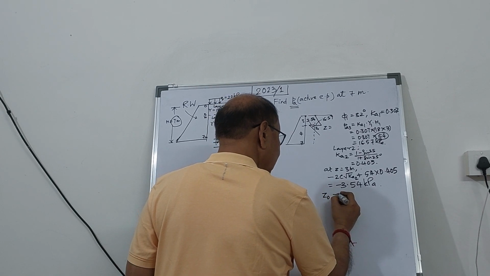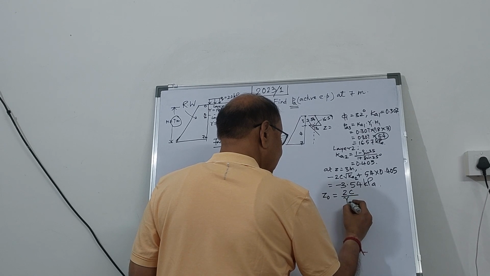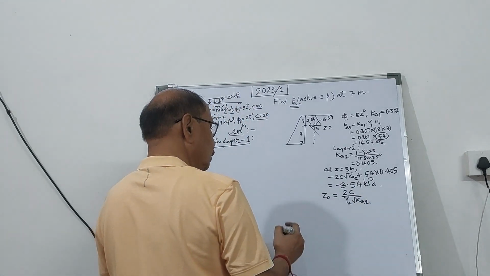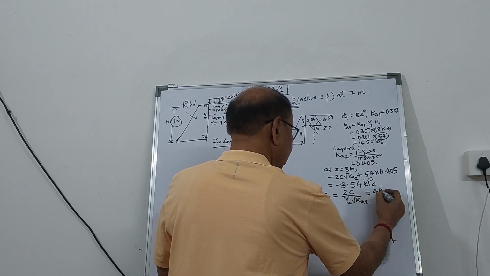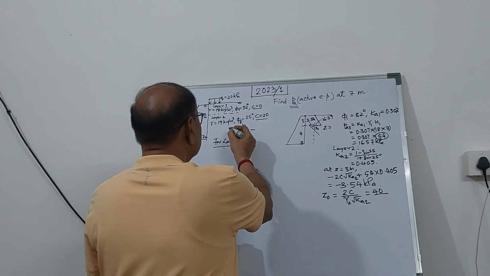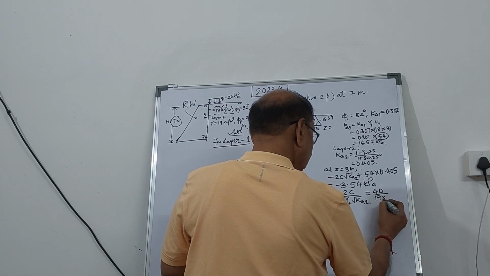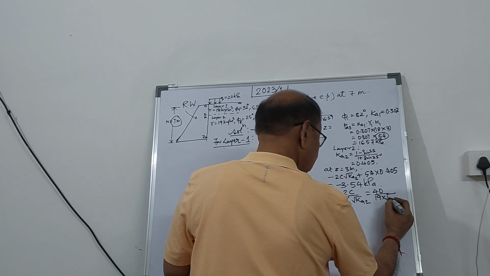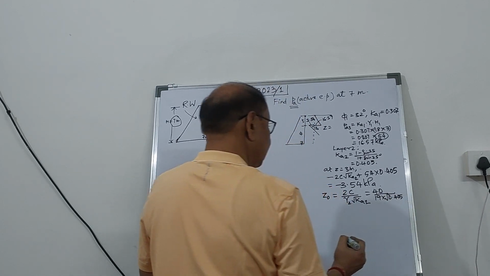And this is the value of Z naught from here to here. Z naught will be 2c divided by gamma 2 under root K2. So let's calculate it. This becomes 40 divided by 19 into 0.405.